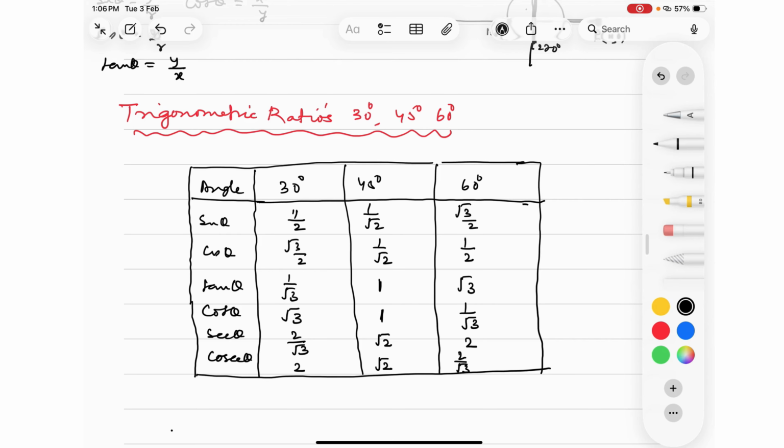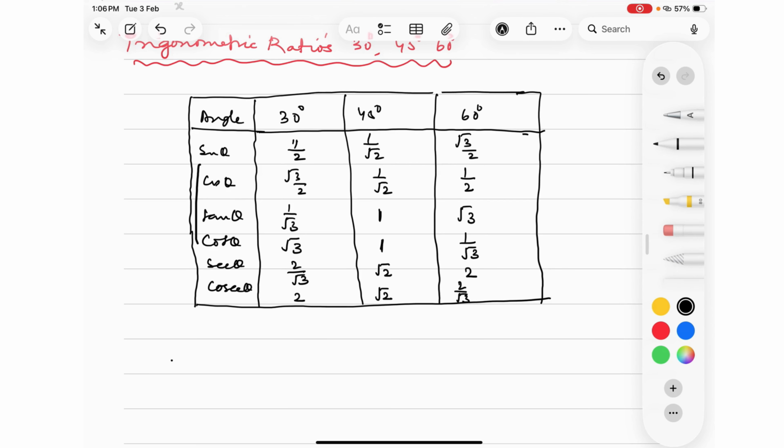Now, in our next video, we'll discuss the domain and range of all 6 trigonometric ratios. What is the meaning of domain? What is the meaning of range of all 6 trigonometric functions?